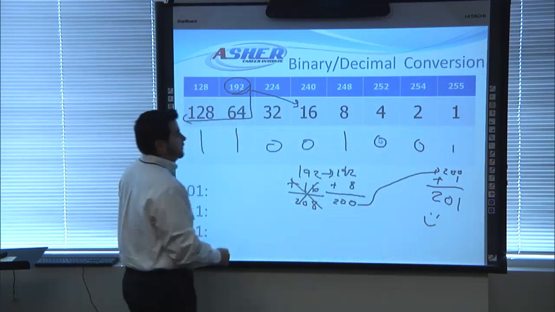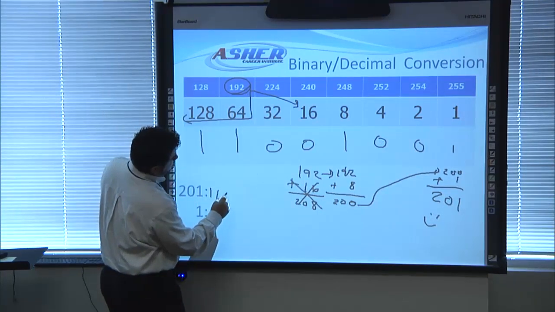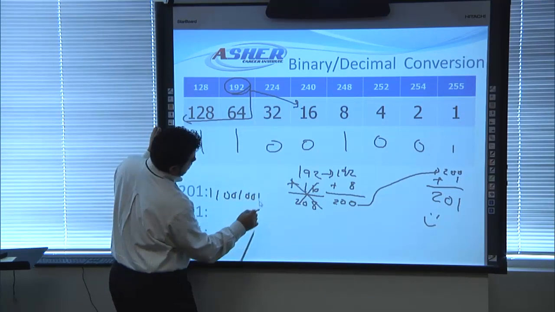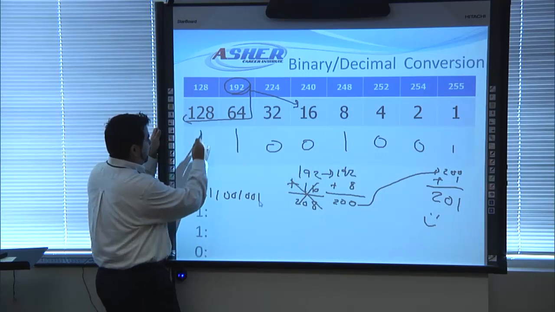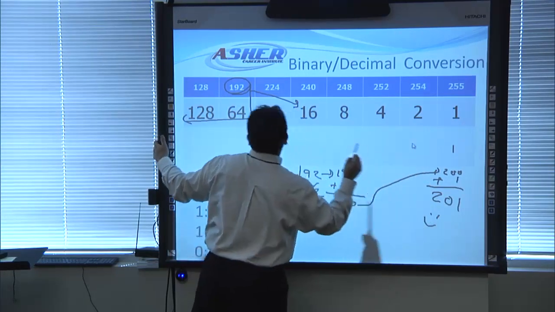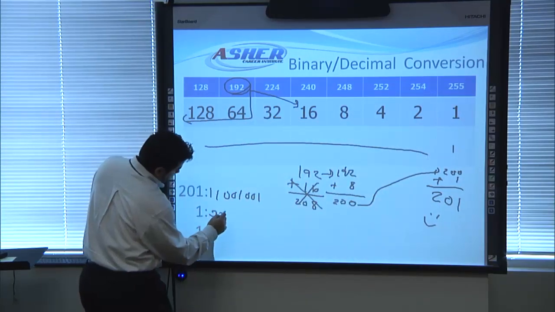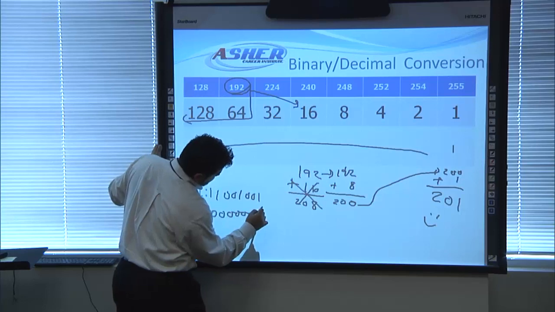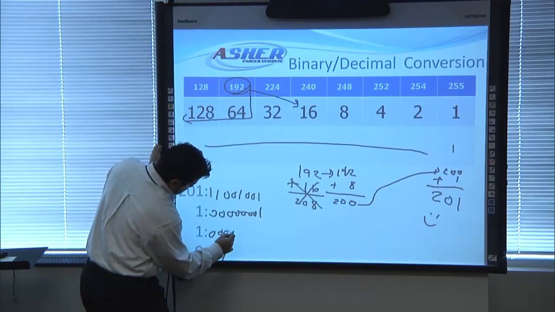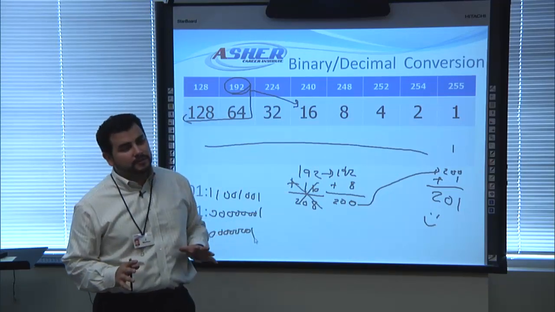All right, so we've got the binary of our IP address: 11001001. And then, does anybody know how to get 1 out of this chart right here? That's right, 00000001. Now, Chris, you get the tough one.